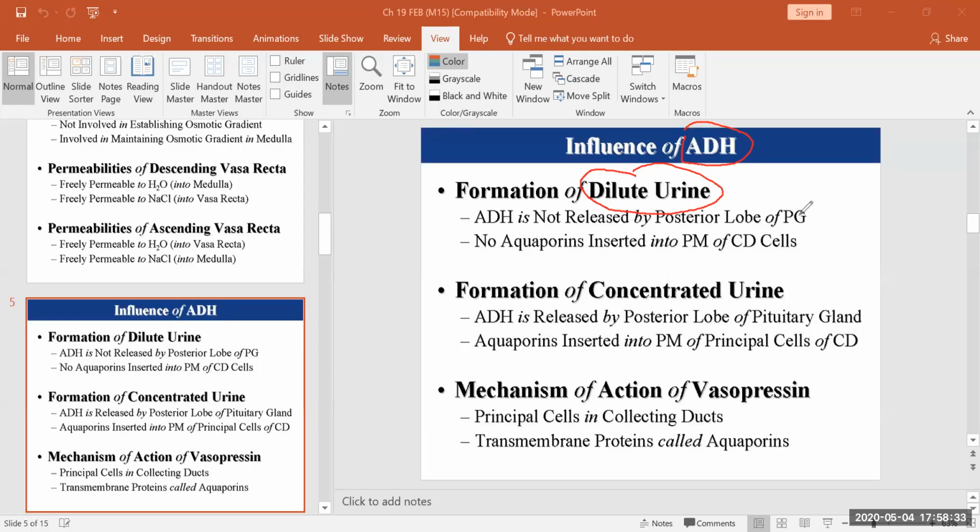You can say posterior lobe of the pituitary gland or simply posterior pituitary. So when ADH is not released, the kidneys keep producing dilute urine, anywhere from 50 milliosmol to 100 milliosmol. Both cortical nephrons and juxtamedullary nephrons are basically doing just that.